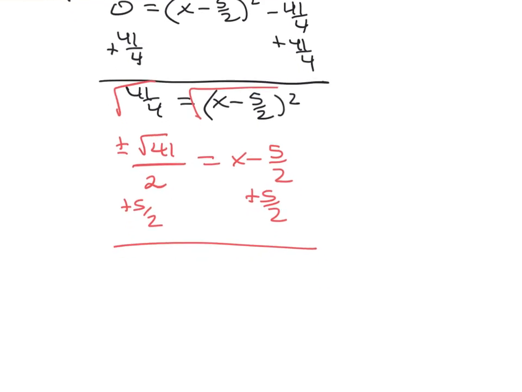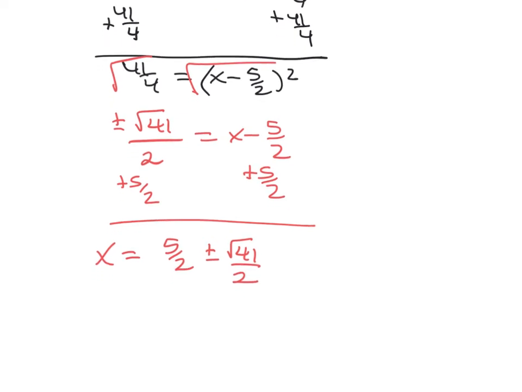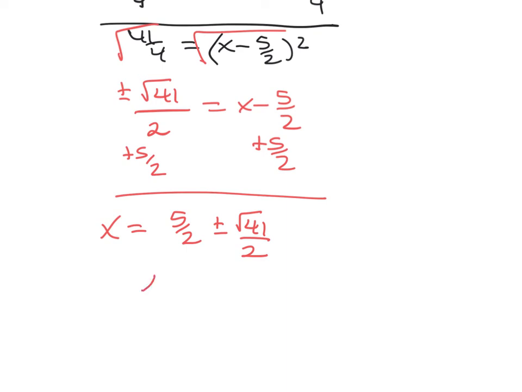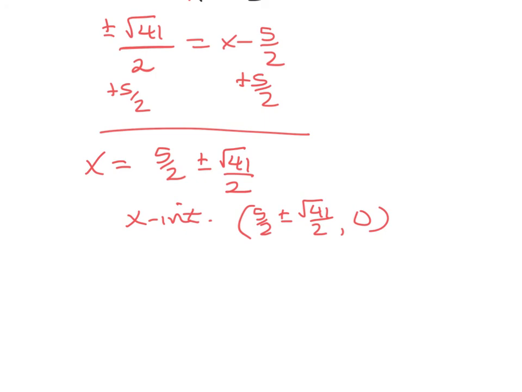Final answer here is x is equal to 5 over 2 plus or minus the square root of 41 over 2. I can't simplify the square root of 41, so I'm going to leave it alone. So my x-intercepts are located at 5 over 2 plus or minus square root of 41 over 2, comma 0. Not plus minus, sorry, we're going to do them separately.